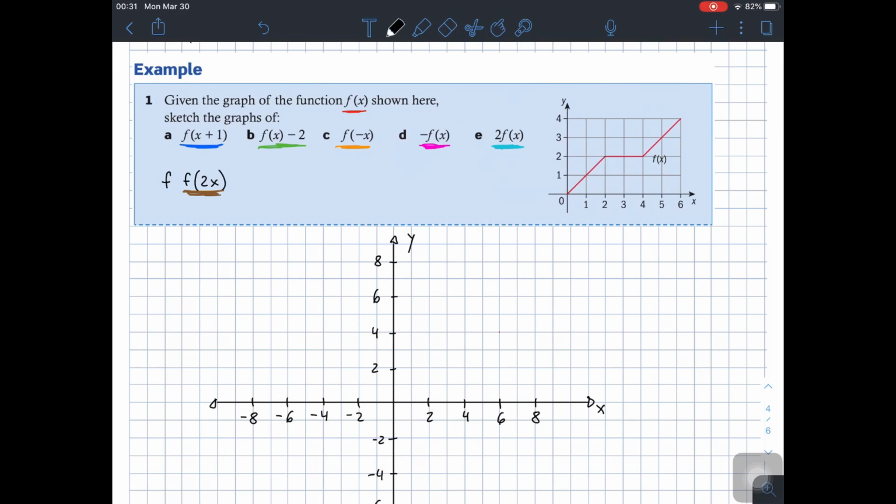So from 0 to x equals 2, it behaves as a linear function with a positive slope, right? From 2 to 4, the function behaves as a straight line, but it's a horizontal line, so the slope is 0 in this case.